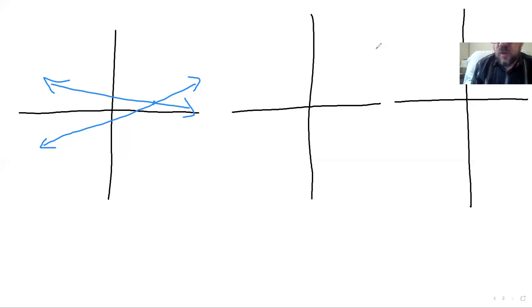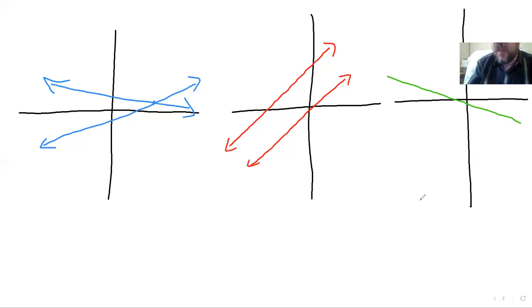There are two more. One of them is if you have a line and another line that is parallel to it. And I'll talk about why these are the only three cases possible in just a second. And the third case is if you have a line, and I'm not going to be able to draw this very well, but you have a line and then another line that is secretly the same line and is lying right on top of it.